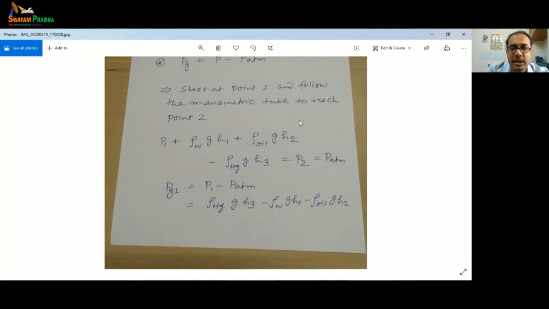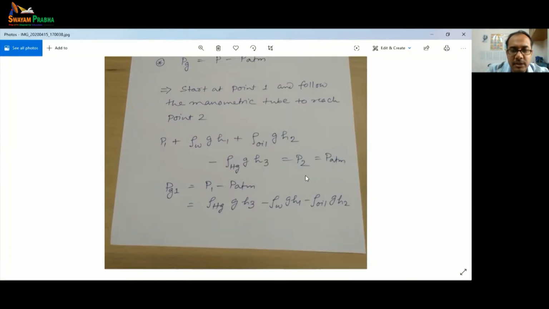So this is the basic equation that we are getting, which will give us the pressure of the entrapped air. In the next line we are writing Pg1, the gauge pressure at point 1, which is nothing but the absolute pressure P1 minus the atmospheric pressure P atm.